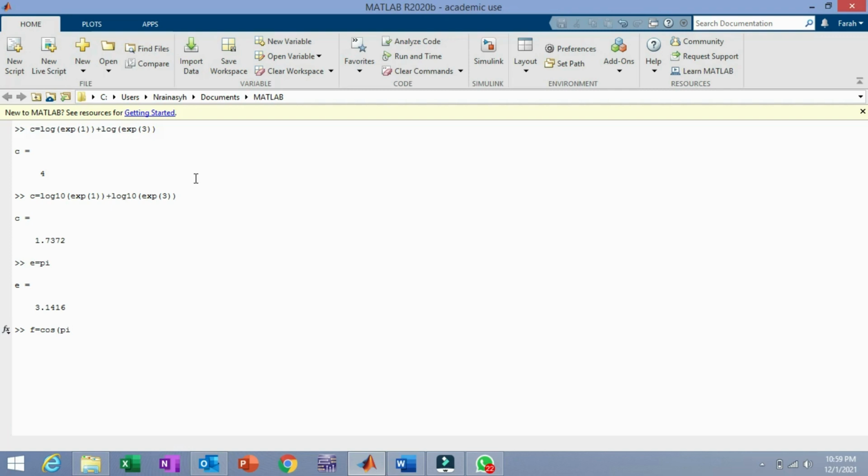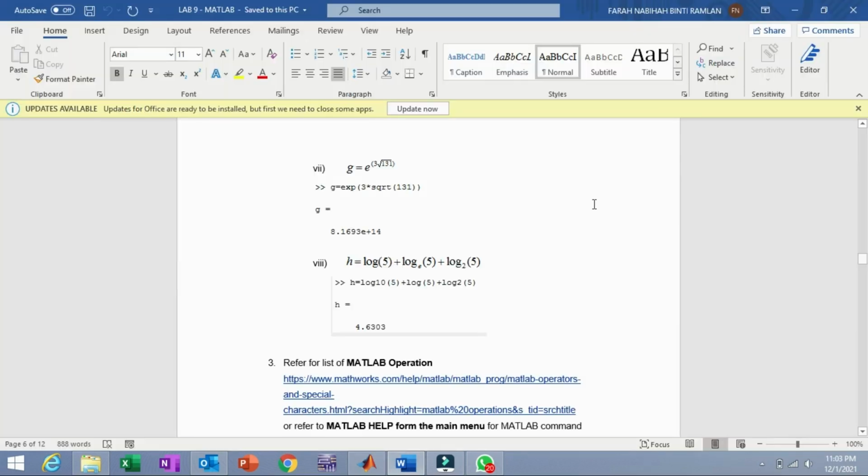In Matlab, for divide we use a slash, then 4, complete the bracket, complete the expression, then press enter. We will get the answer F equals 0.7071.